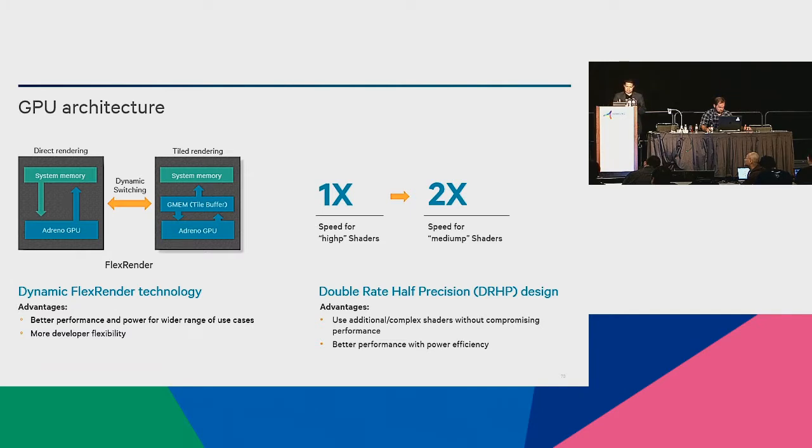The cool thing as a developer is you don't have to worry too much about which rendering mode you're in. The GPU and the driver make decisions based on scene complexity. We decide which is the best mode of rendering, and we switch to it accordingly. This translates into power savings or performance improvements that you may or may not notice, but it is a good note for you to make.